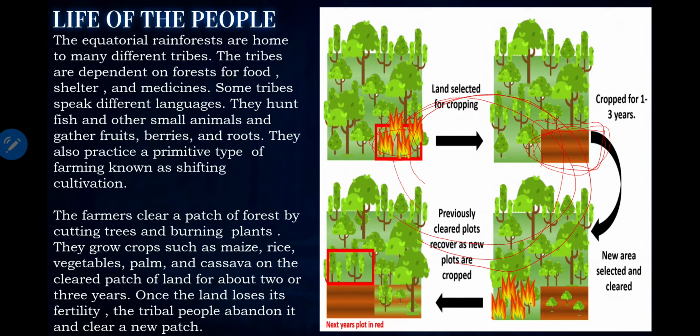They grow crops such as maize, rice, vegetables, palm and cassava on the cleared patch of land for about 2 to 3 years. Once the land loses its fertility, the tribal people abandon it and clear a new patch. Many minerals like copper and iron are also found in these rainforests. So this was the life of the rainforest people.